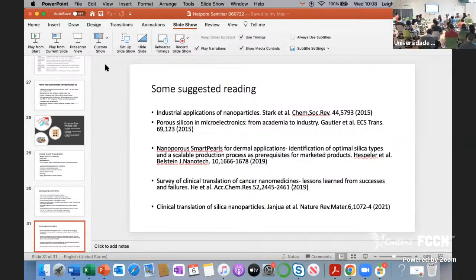I'm not sure. I don't know much about how graphene has progressed. Are there many clinical trials going on with graphene? You probably know more about that than me. Yeah, I also don't know because I just started to work with graphene materials. Okay, thank you.